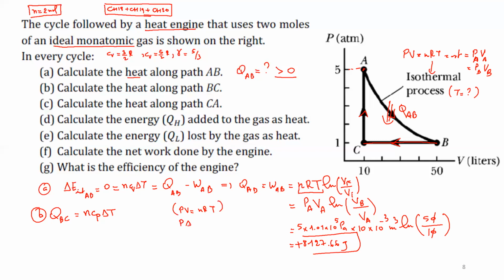So I'll have P delta V, which is just nR, which is a constant, delta T. So basically, delta T is just P delta V, P is constant, that's why I'm putting it out, and delta V divided by nR. And this I will plug here. I will have n Cp, and delta T is P delta V divided by nR. The n goes away, Cp divided by R.